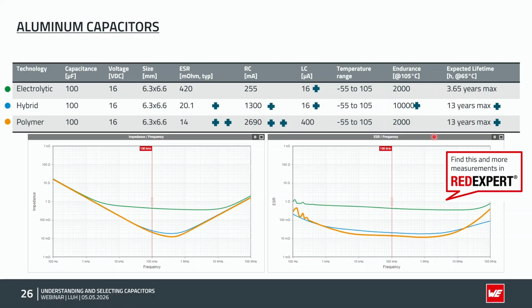For the hybrid and polymer, it would be 13 years max. Why is it 13 years max for the polymer? Because we use a different calculation formula, which means if you go 20 degrees below the maximum rated temperature, you will get tenfold of the initial specified lifetime. So you will get way more lifetime at lower temperatures.